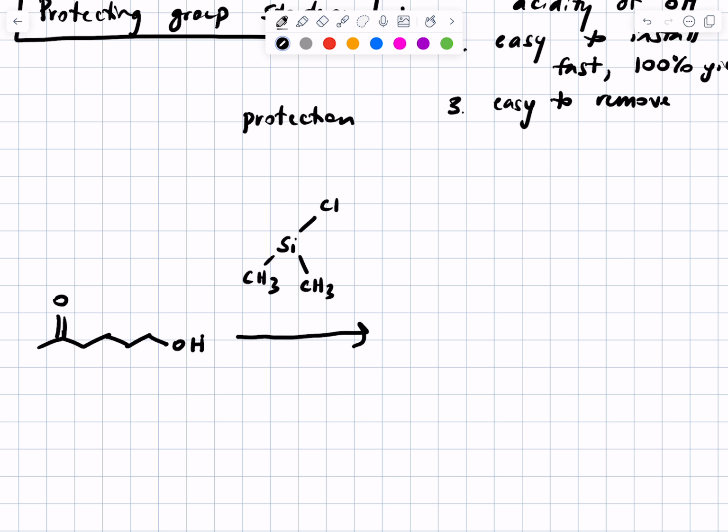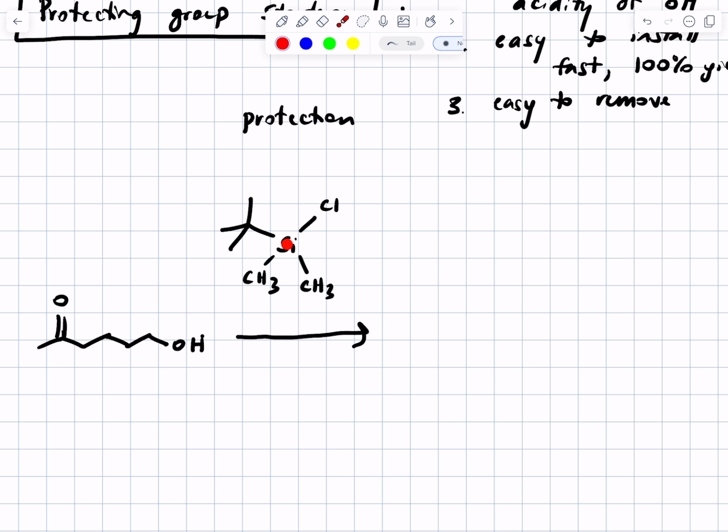Here is the reagent, 2 methyl groups, and then a tert butyl group attached to silicon. Silicon's quite a bit bigger than carbon, and bonds between carbon and silicon and other atoms are a little bit longer than our bonds between carbon and other atoms. So silicon doesn't suffer from the same steric hindrance problems that carbon has.